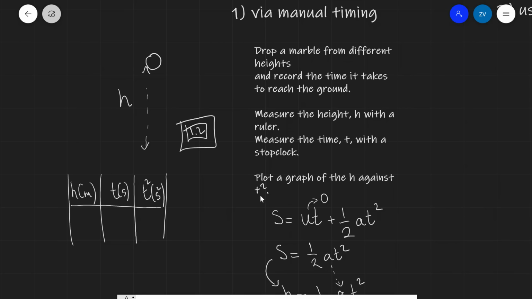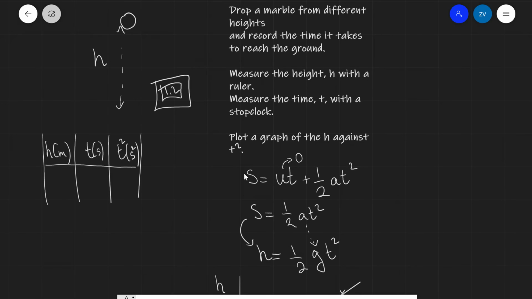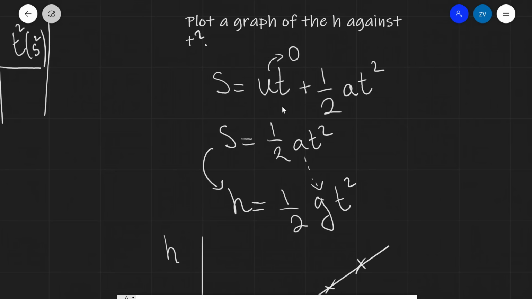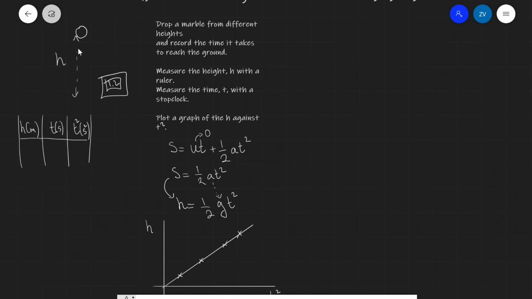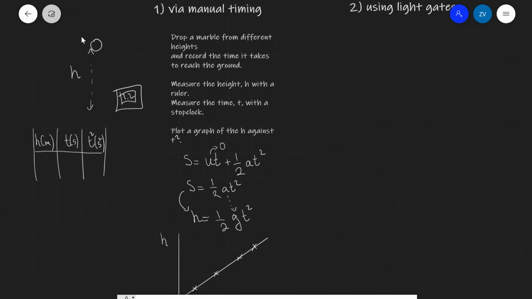Now you may be wondering, why are we plotting a graph against t squared? Well, have a look at this equation. s is equal to ut plus a half at squared. This is one of the SUVAT equations that we've been looking at. Remember, u is equal to 0 because we're just dropping that marble with no initial speed. So we drop it from here and then the marble accelerates until it hits the floor.